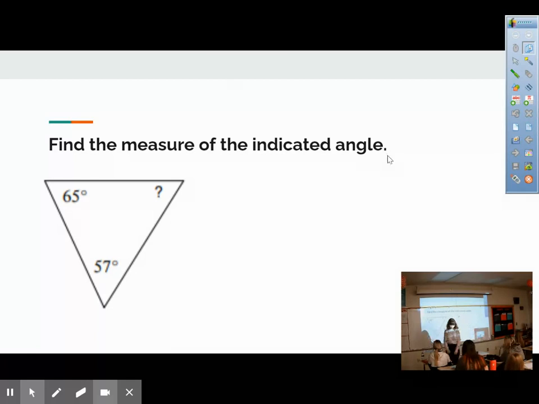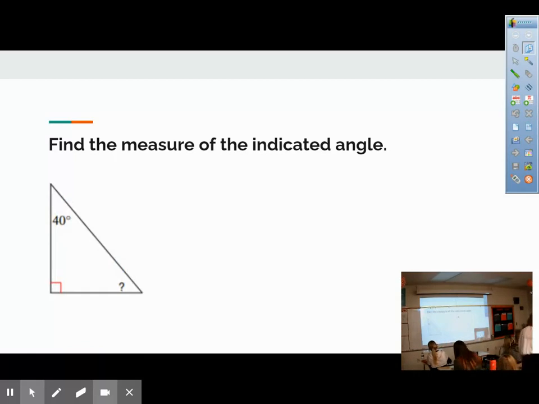All right, here's your next one. Find the measure of the indicated angle. All right, go ahead and share with your partner what answer you got.